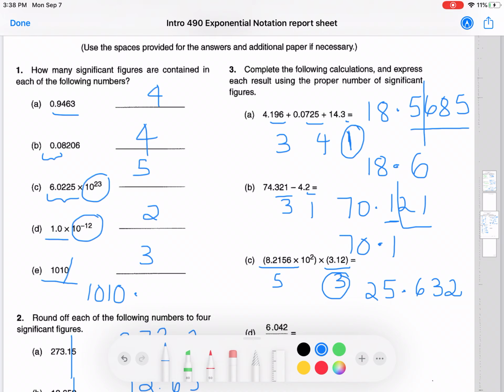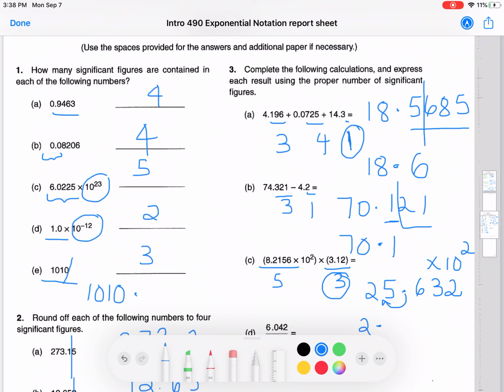And remember, we have that 10 to the power 2 from your first number. So we are going to keep it in proper exponential notation, which is you're going to be moving this decimal here.